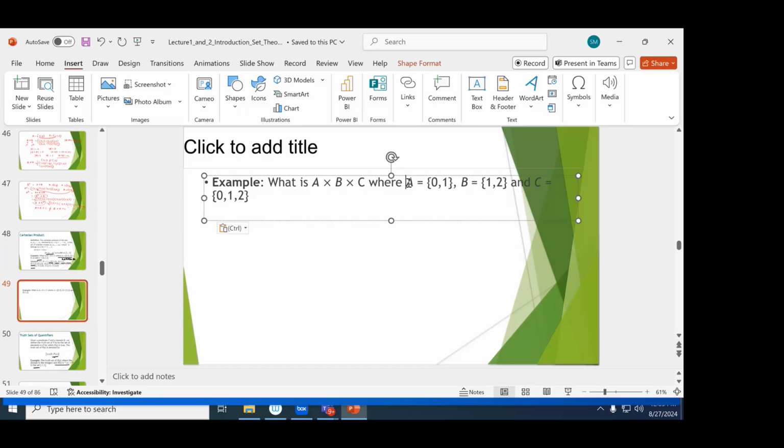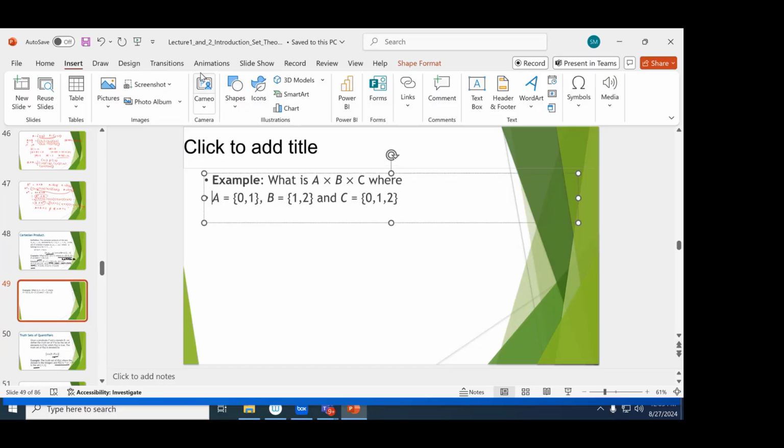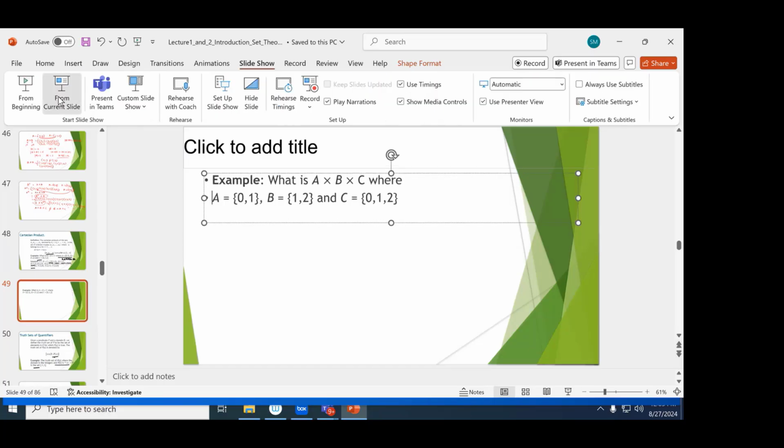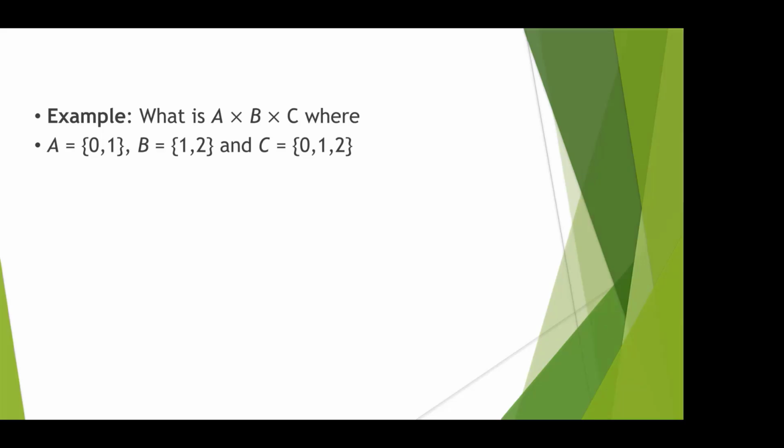So here we have A, B, and C given to us, and we want to do the Cartesian product of it. Every element will have 3 elements inside, right?